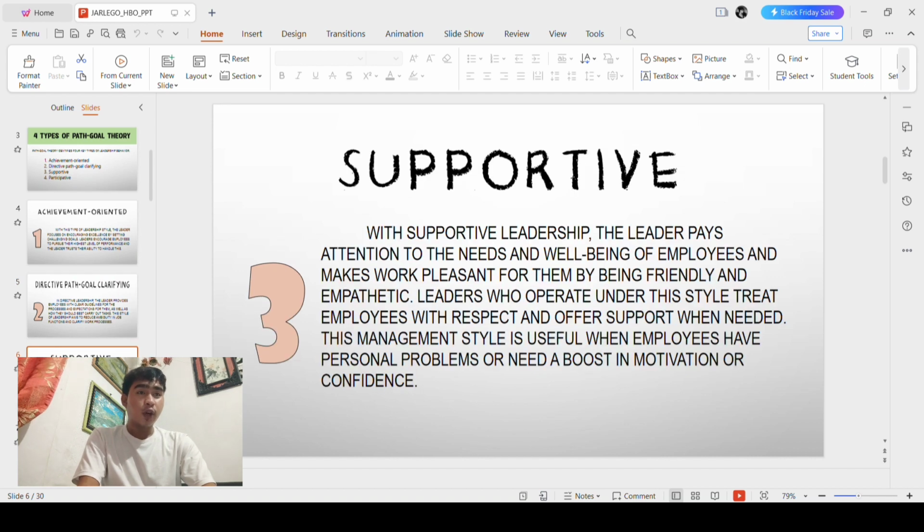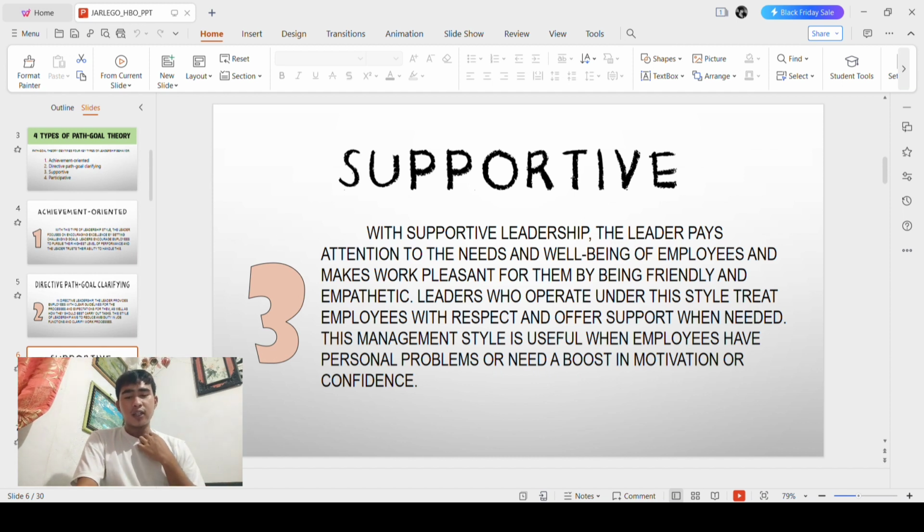Next, supportive. With supportive leadership, the leader pays attention to the needs and well-being of employees and makes work pleasant for them by being friendly and empathetic. So leaders who operate under this style treat employees with respect and offer support when needed. This management style is useful when employees have personal problems or need a boost in motivation or confidence.